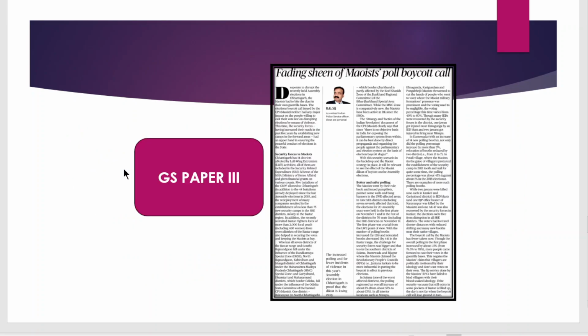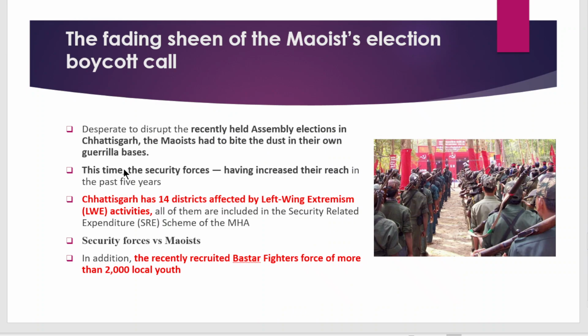Now we are shifting to the third article, which is related to some more interesting discussion. Why? When we talk about internal security and development, what is needed first? The stability of a state or a nation.